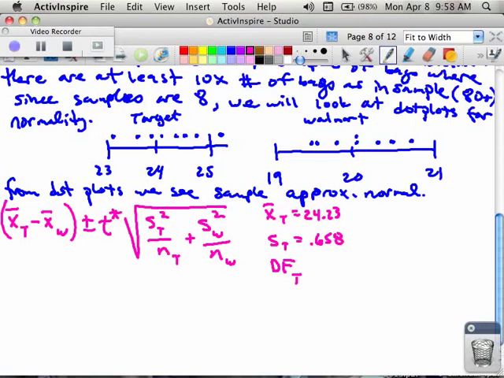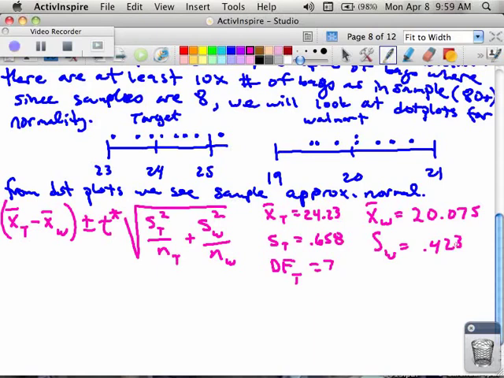And the degrees of freedom is 7. That's true for both of them, so I could put Target and Walmart. So x bar for W is 20.075. S for W is 0.423.